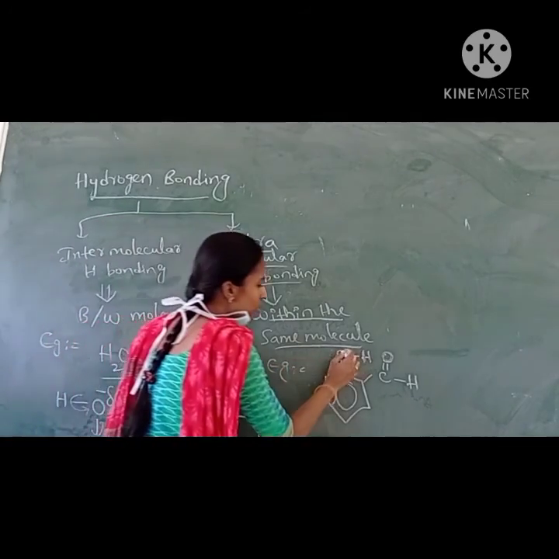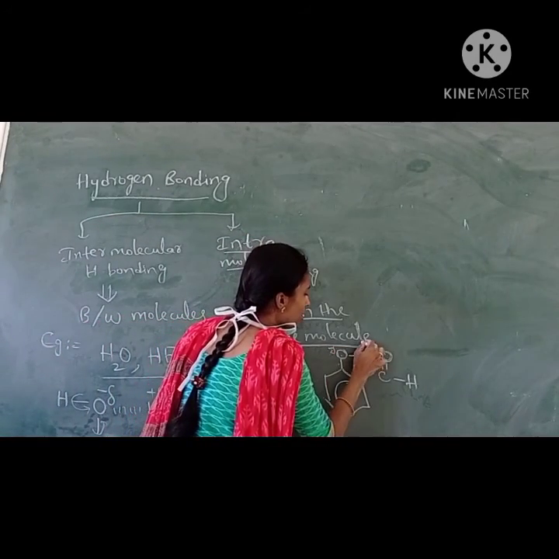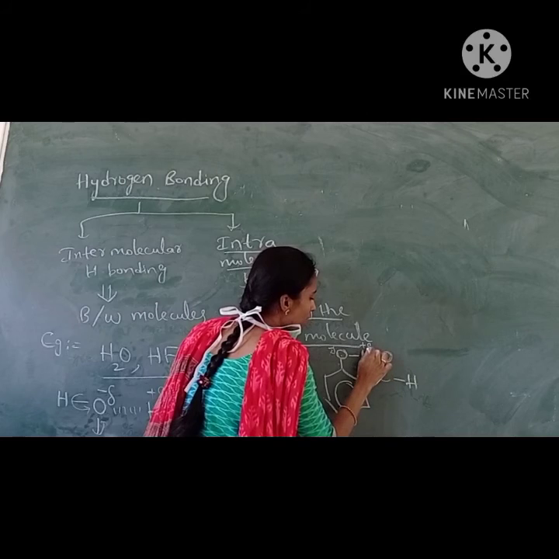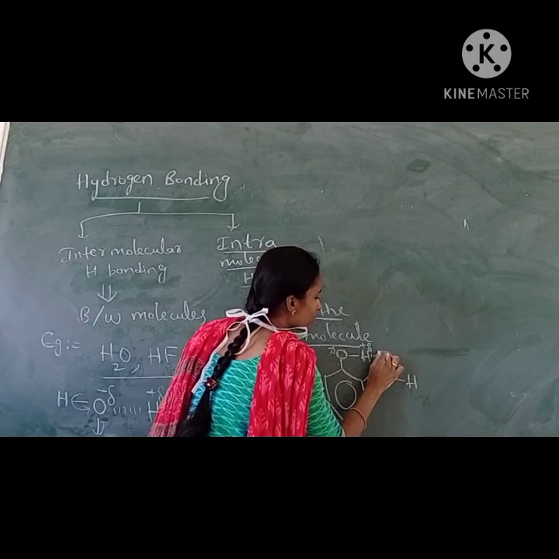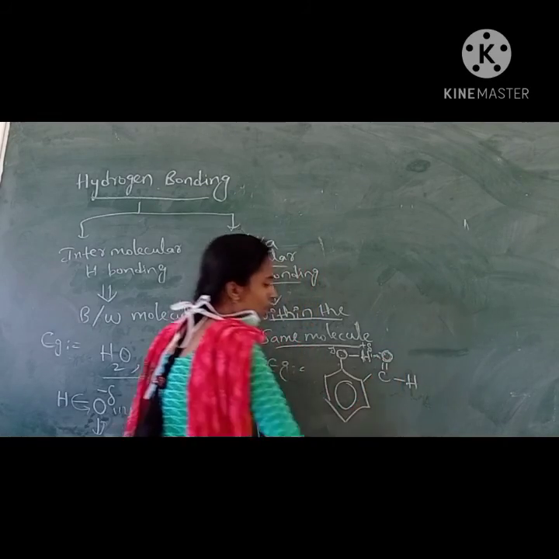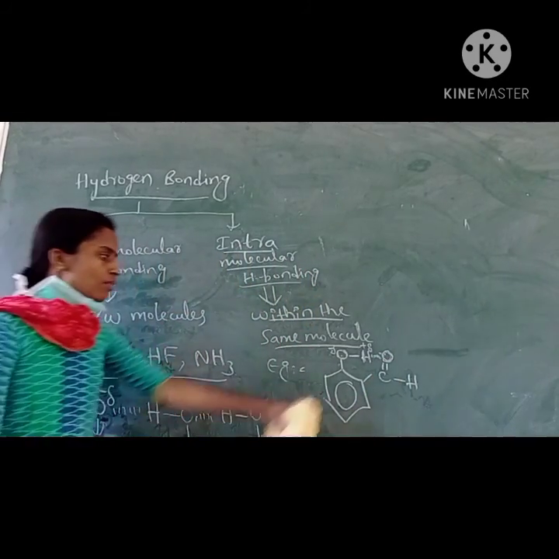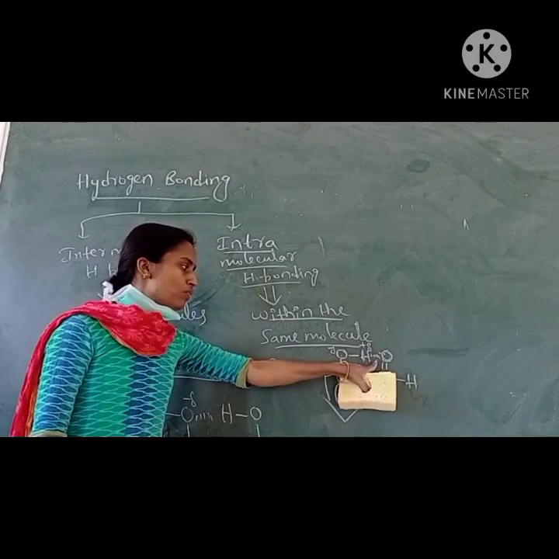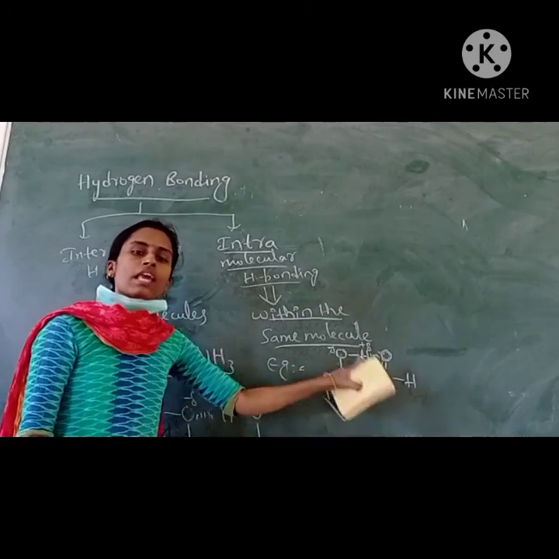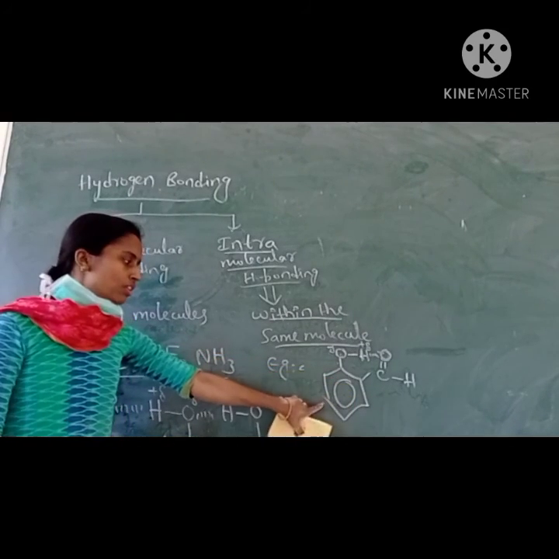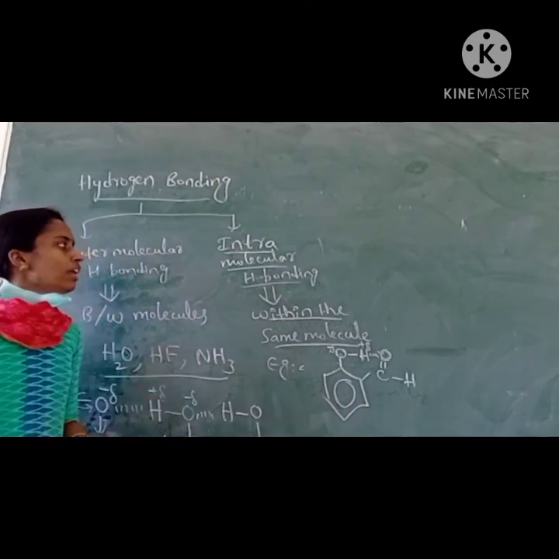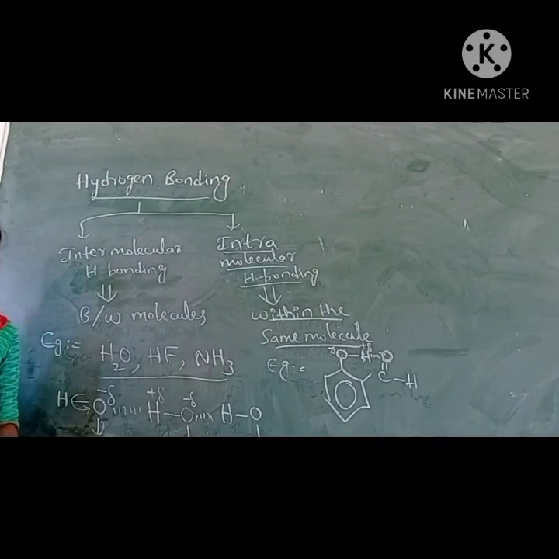The hydrogen gets a partial positive charge and attracts the electron pair of the oxygen atom. So hydrogen bonding is formed within the same molecule, and that is why it is called intramolecular hydrogen bonding.